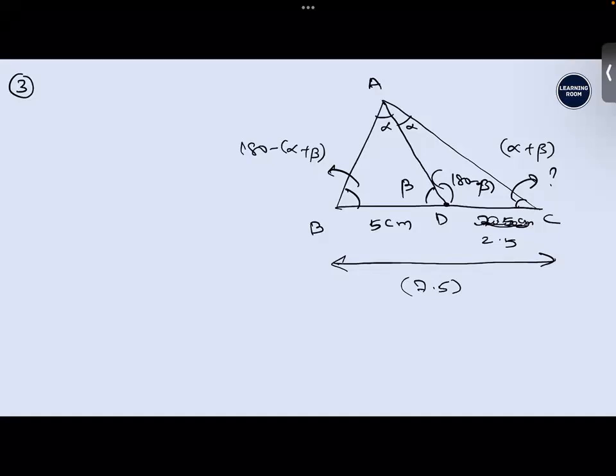So what is the answer? So what is the answer?